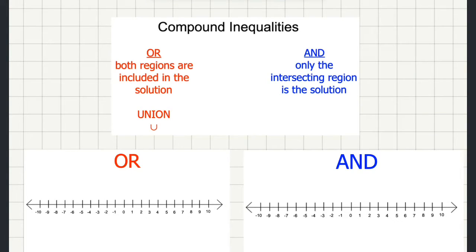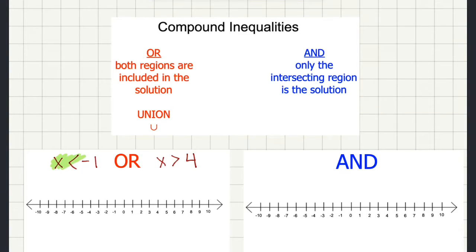When we have an or situation, we might have something that says x is less than -1 or x is greater than 4.